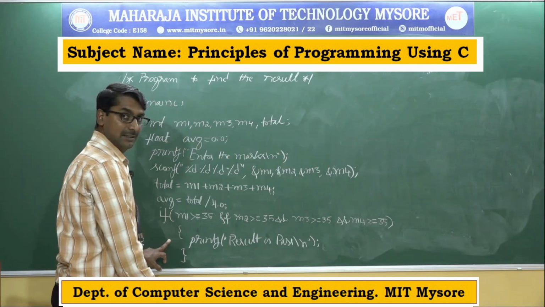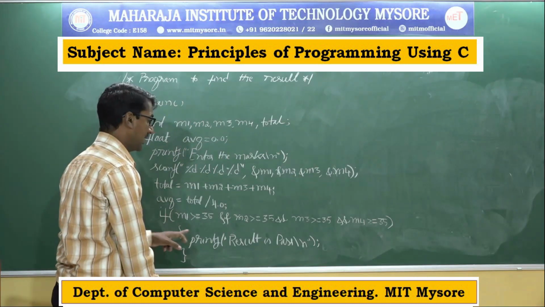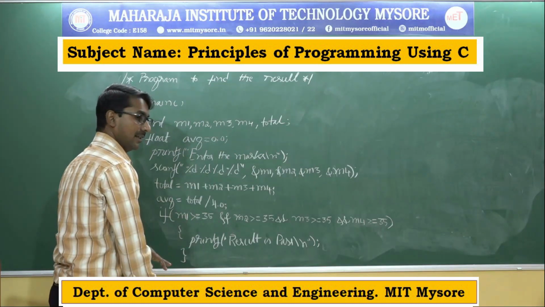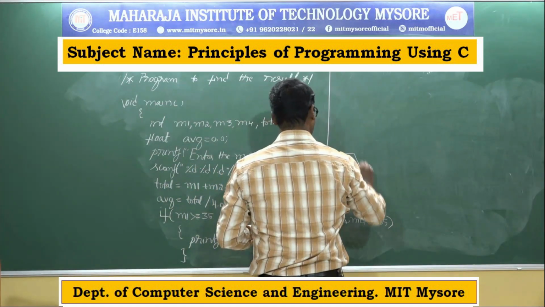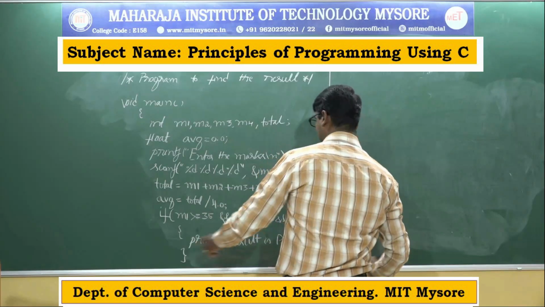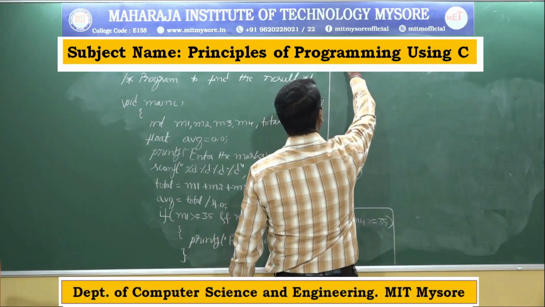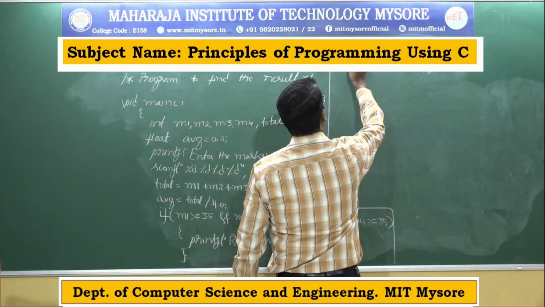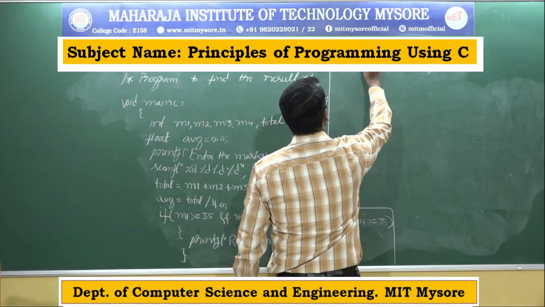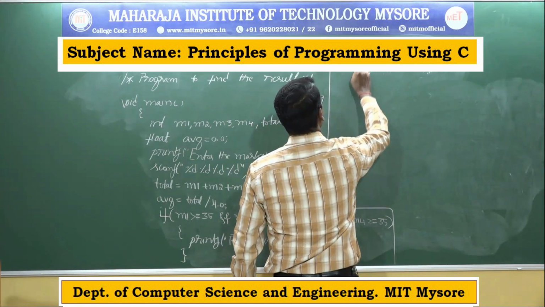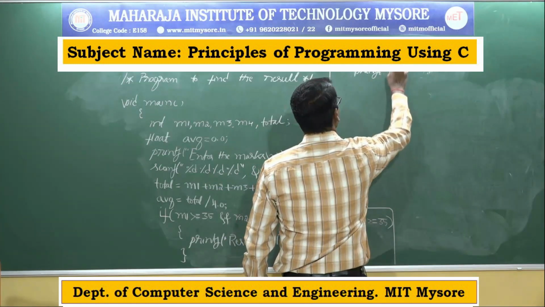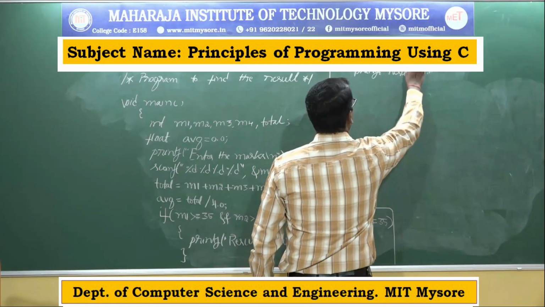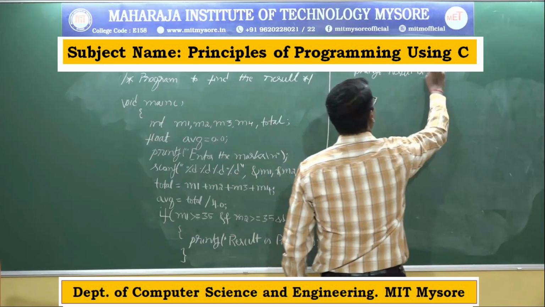If in case any one of the subject marks is below 35, then the result is fail. So if this condition is false, else printf result is fail.